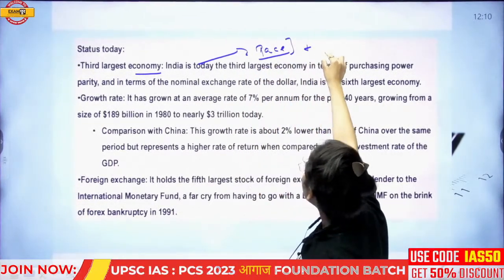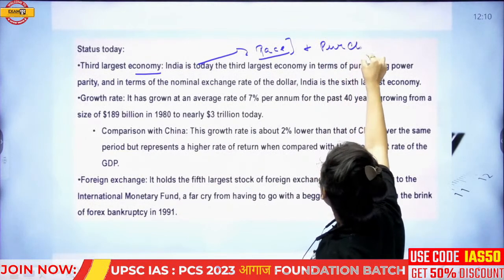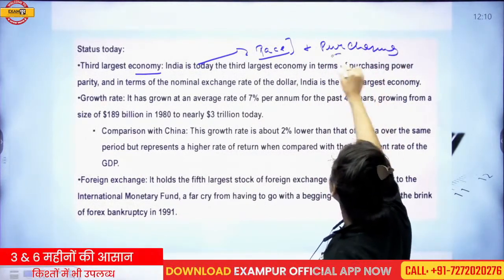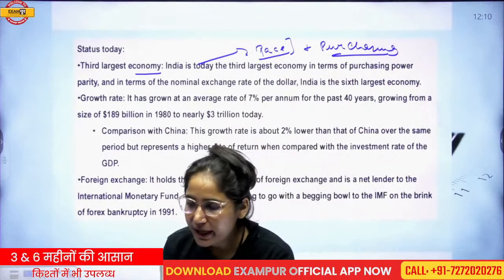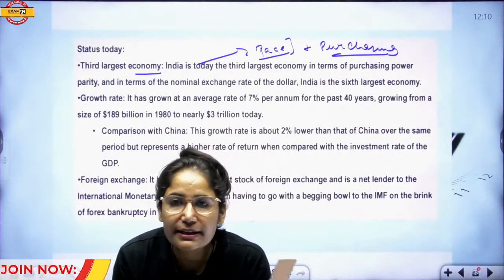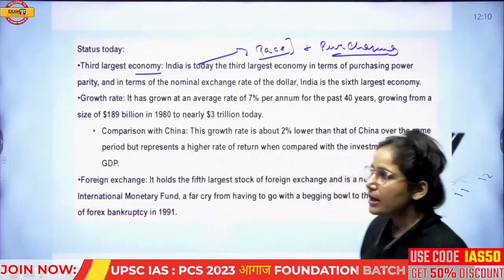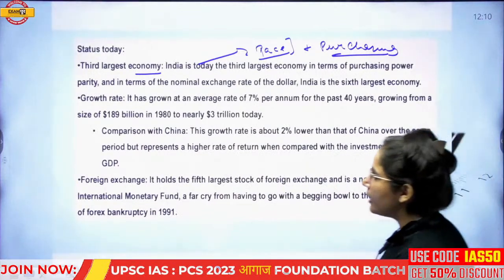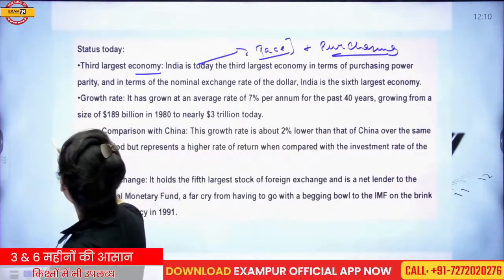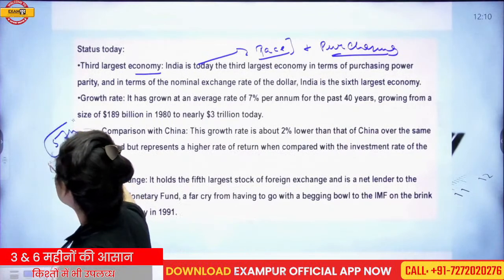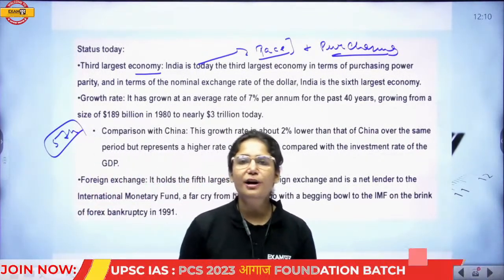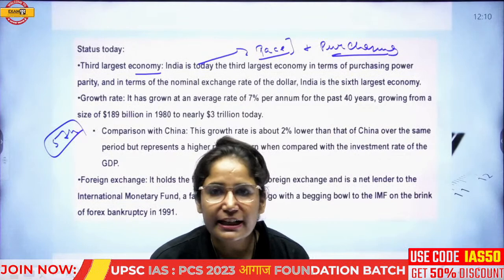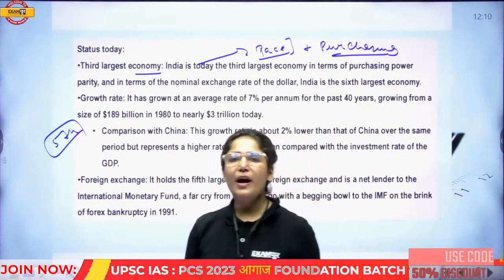Pace plus the purchasing power capacity. How much capacity you do possess in order to make purchases, in order to make the spending. Getting my point? So we are on the number third and number fifth in terms of growth rate. We have also surpassed France in it. Getting my point? So current status is quite improved.